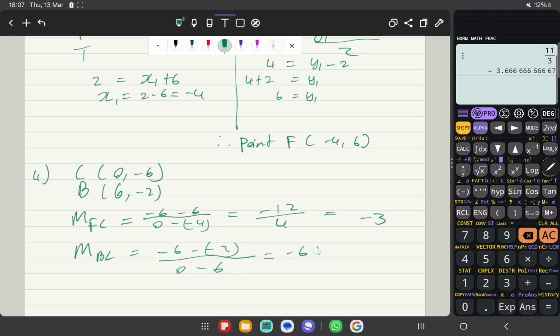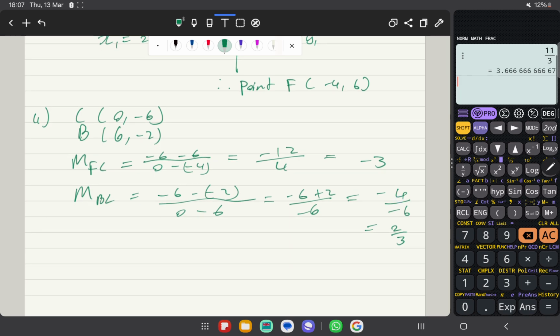That is minus 6 plus 2, which is minus 4, over minus 6, which is 2 over 3. From this I can already tell it will not be perpendicular.